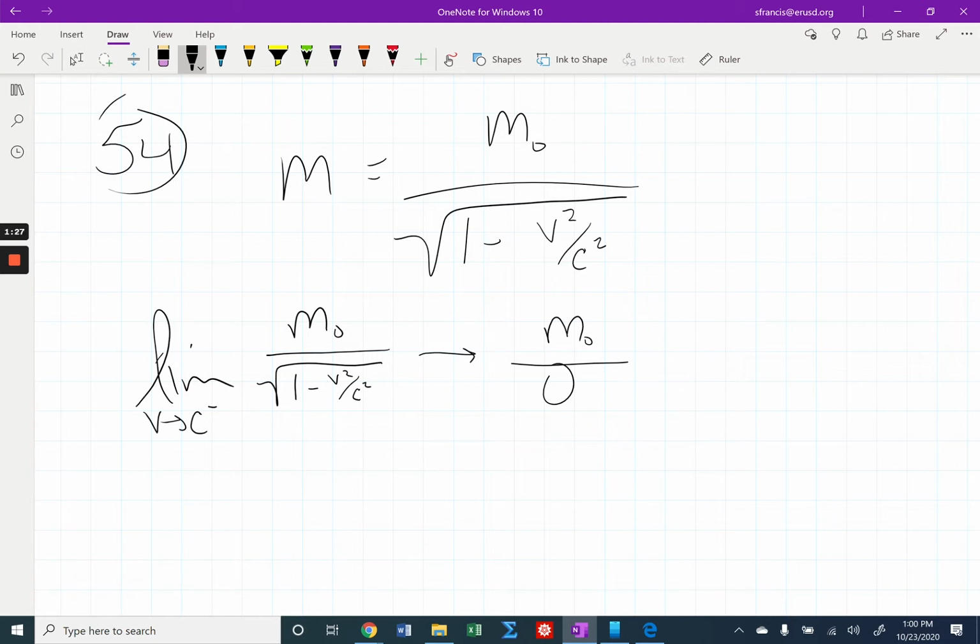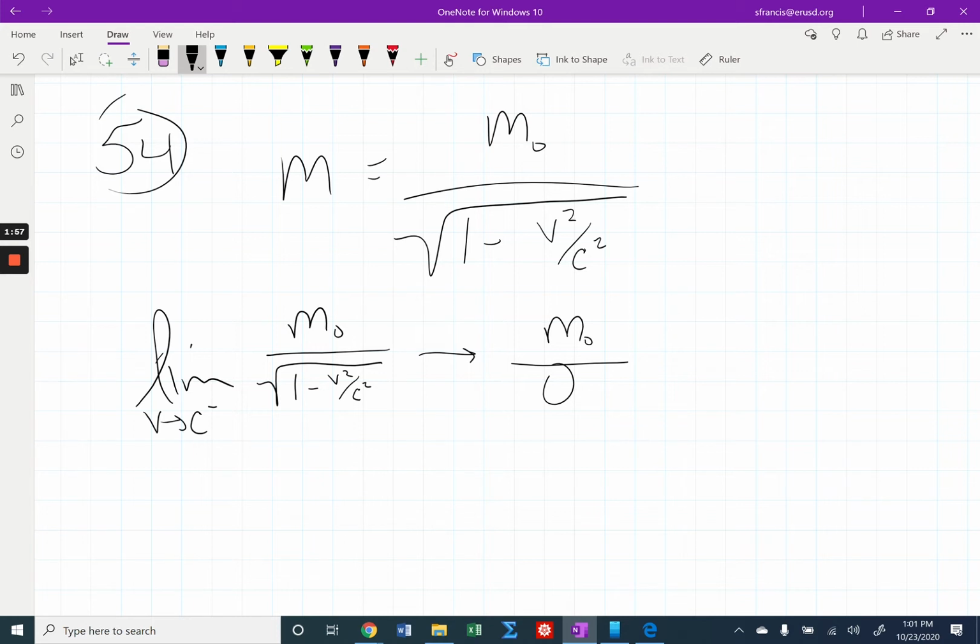So I've talked about this before, and you've got to start thinking this way. Whenever you end up with a non-zero constant in the numerator and 0 in the denominator, then the limit is going to be approaching one of the infinities. The graph will have a vertical asymptote at the value that x, or in this case v, is approaching. And at that point, we just try to figure out, are we approaching positive infinity or negative infinity?